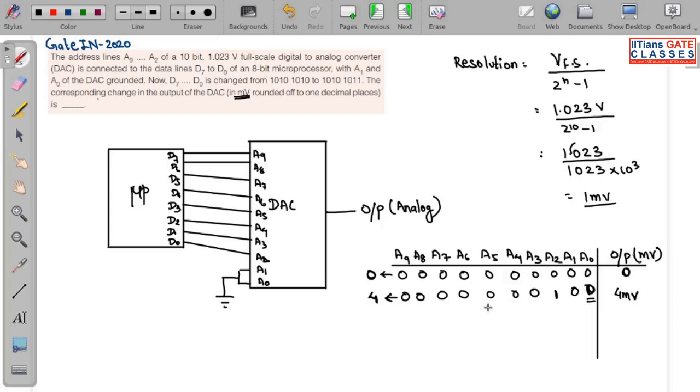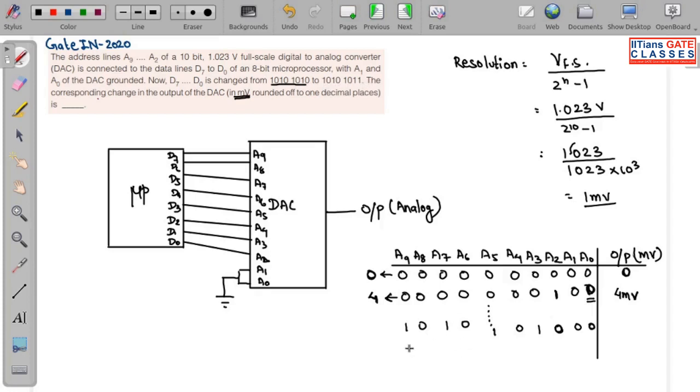Okay, so now what happens, you can see this is changed from 1 0 0. Okay, so these bits are always 0, and the next bit is changed from this to this. Okay, 1 0 1 0, and it is changed to 1 0 1 1.